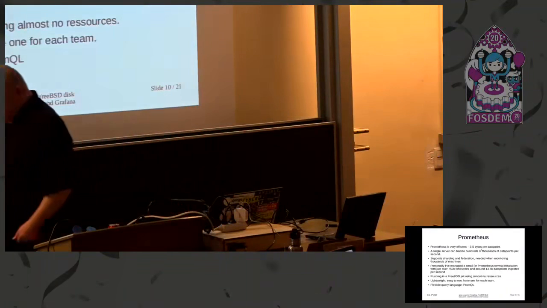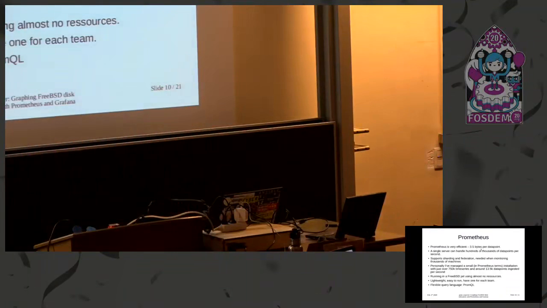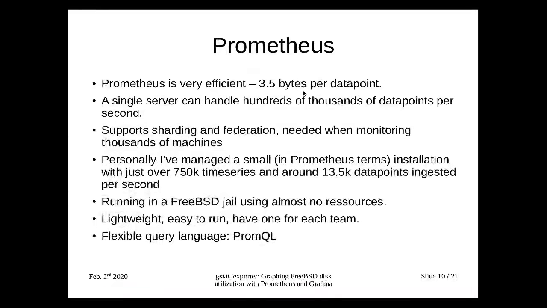So it is, like I said, very efficient. They say about 3.5 bytes per data point, and it is remarkably efficient when pulling in data. We replaced our Zabbix installation, which was thrashing the disks using Postgres as a backend. I love Postgres. I don't love Zabbix, but it was a decent setup.